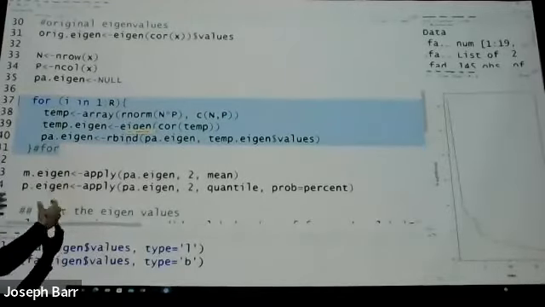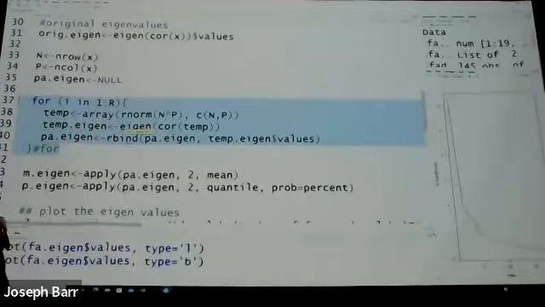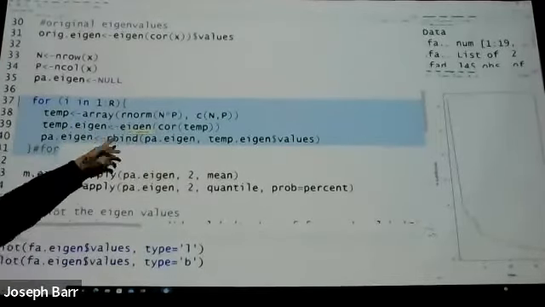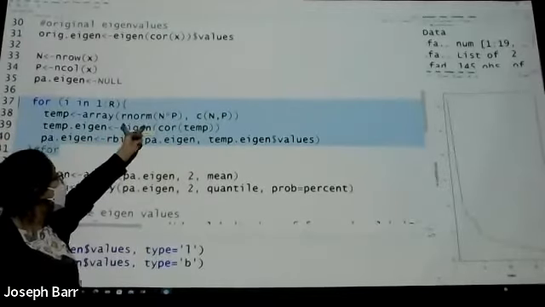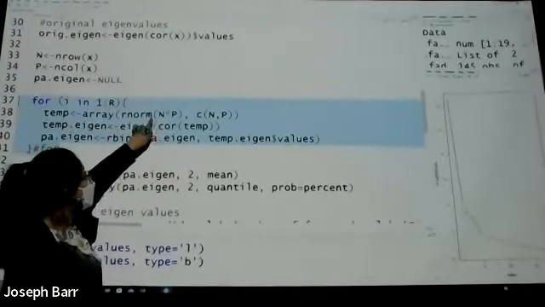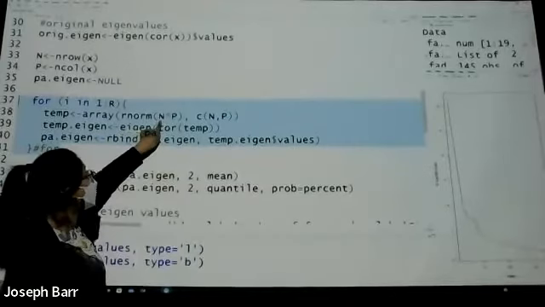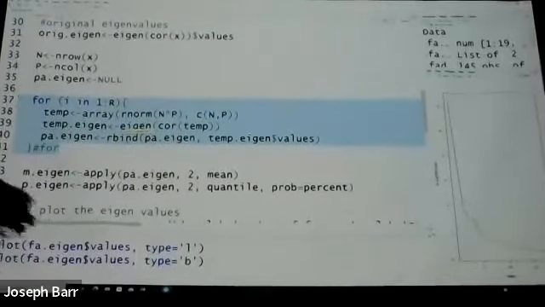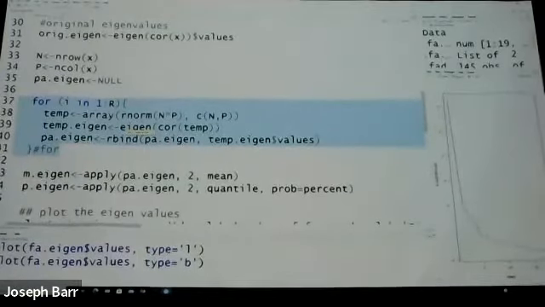And for each time, for each loop, what is inside? For each loop, I'm gonna generate a data set with the same size, n rows, p columns, the same dimension as the original data set.